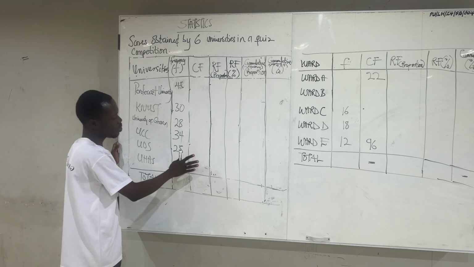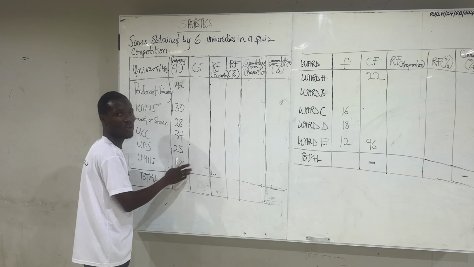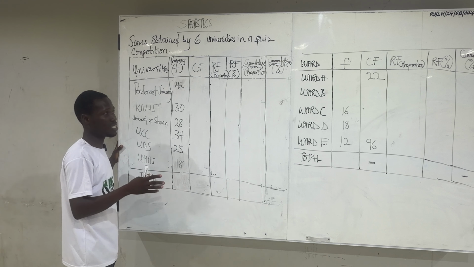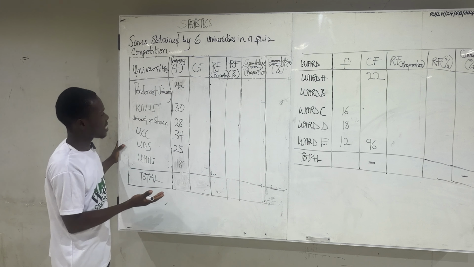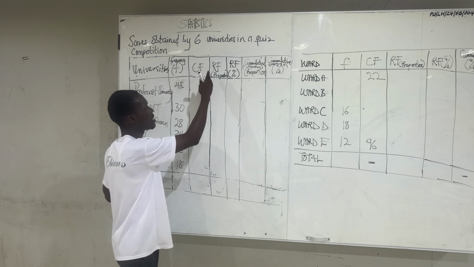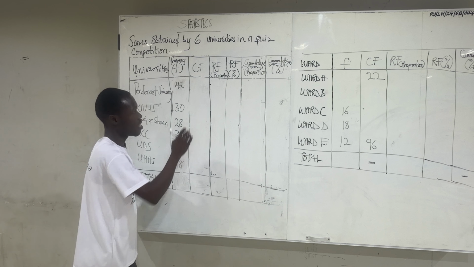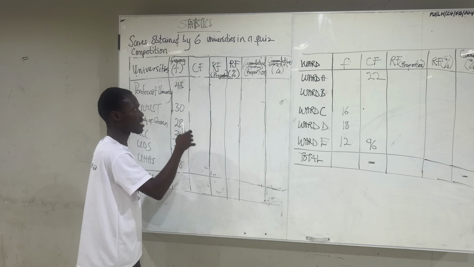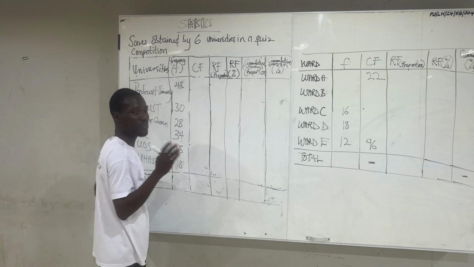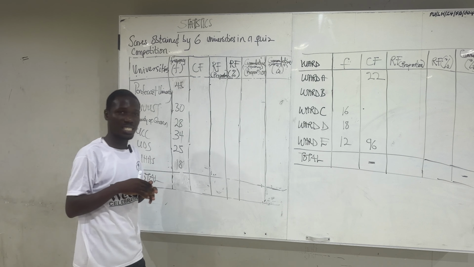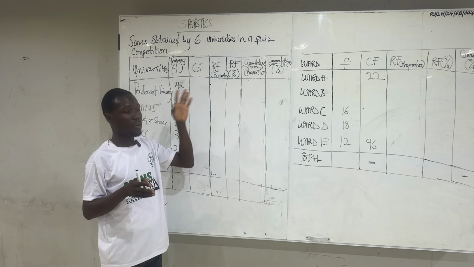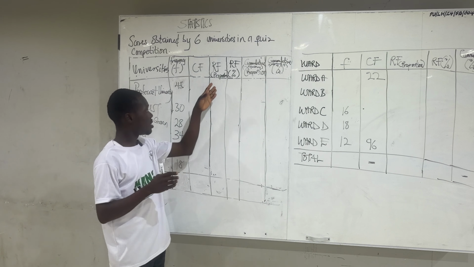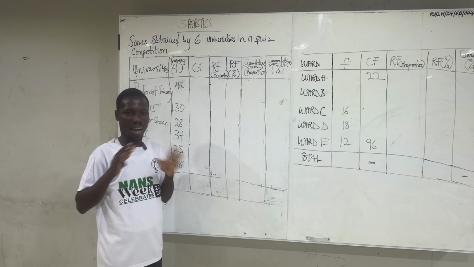Okay, but when we look at this frequency distribution table, in statistics, we have some constant principles that apply. The principle is that relative frequency can be expressed in proportion and in percentage. When you are expressing a relative frequency in proportion, the total will give you one.